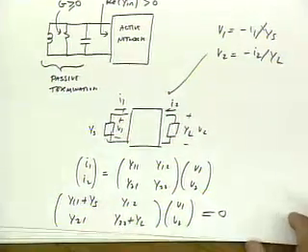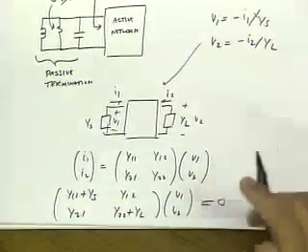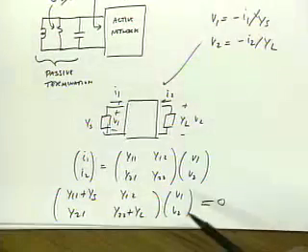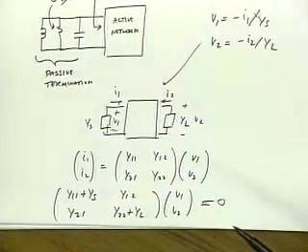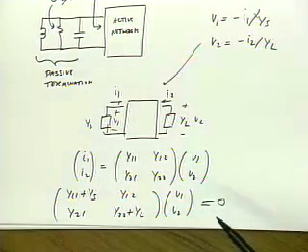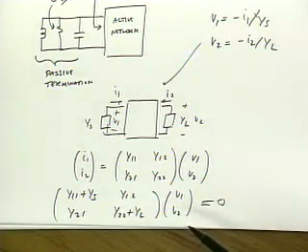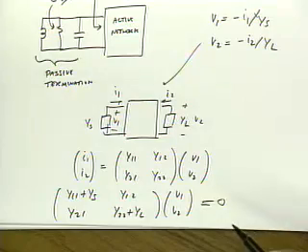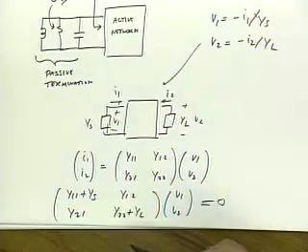Now, if there's actually a solution to this equation, that means the system is unstable. So I want the only solution to be the trivial solution, where V1 and V2 are also equal to 0. We know from simple linear algebra that that's satisfied if and only if the determinant of this is not equal to 0.